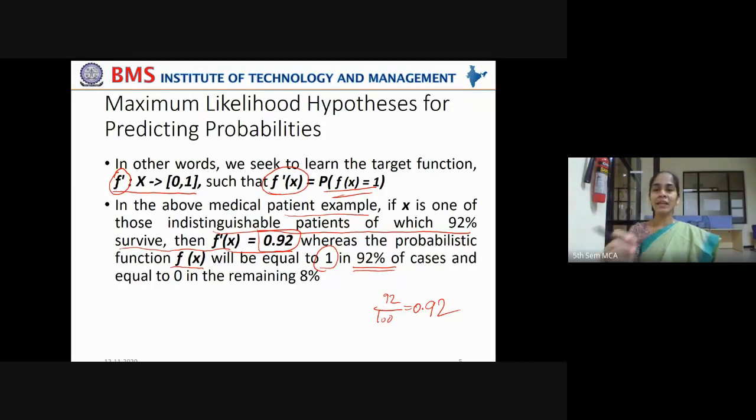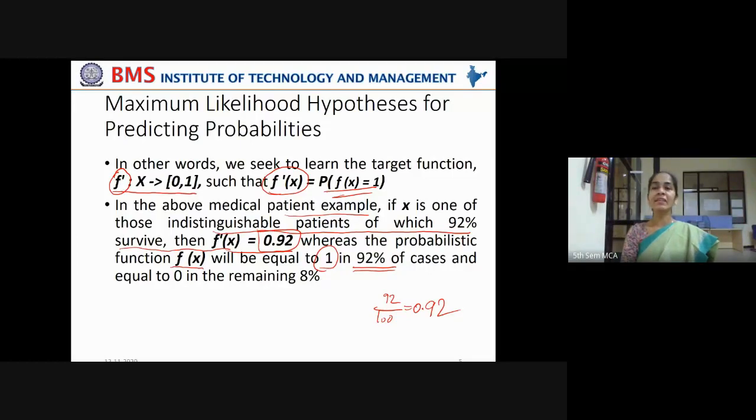Means when we say 92% of the patients are surviving and 8% of the patients are not surviving, we mean that the outcome of 92 patients out of 100 is equal to 1. They are surviving. And 8% of the cases, it is equal to 0. They are not surviving. That is how we need to connect probability and the functions.